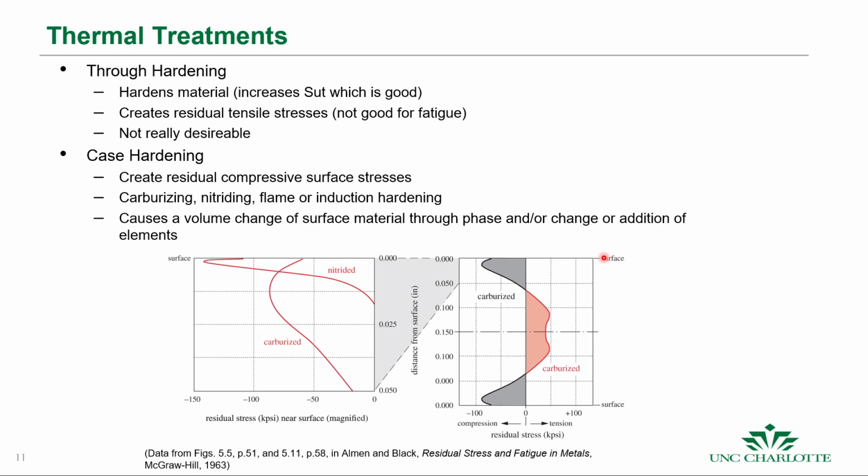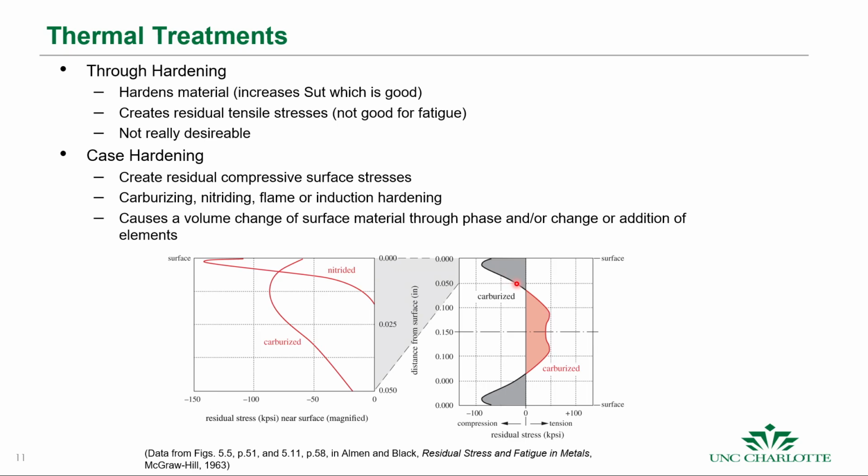Now, if we look at the top surface and bottom surface, and we follow those stresses down, for example, a carburized material, and we start here at the top surface, after carburization, we see we have these compressive stresses here, these negative stresses, and they go down pretty deep from the top surface.